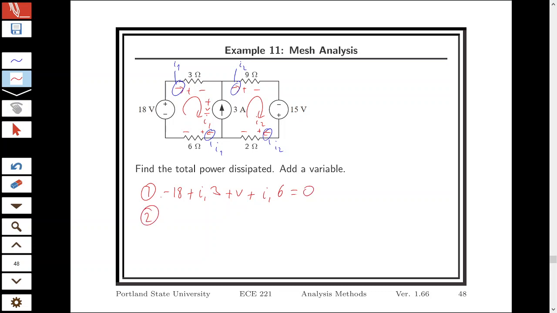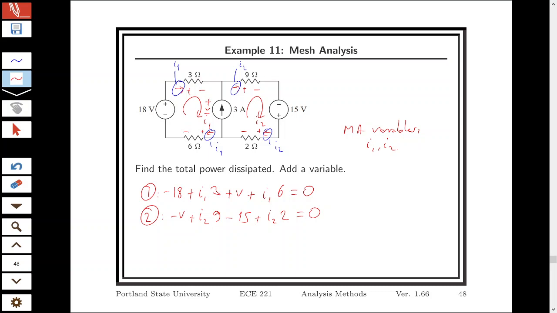The second mesh, KVL: minus V plus I2 times 9 minus 15 plus I2 times 2 equals 0. So mesh analysis variables are I1 and I2.